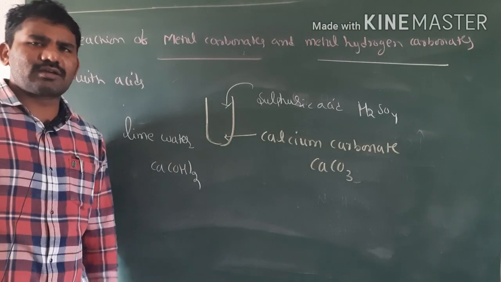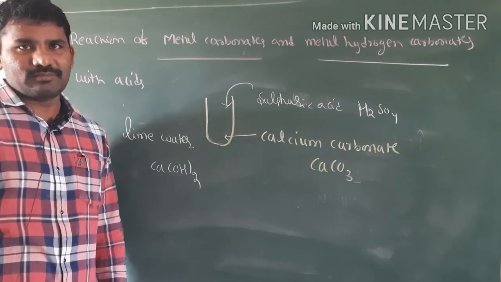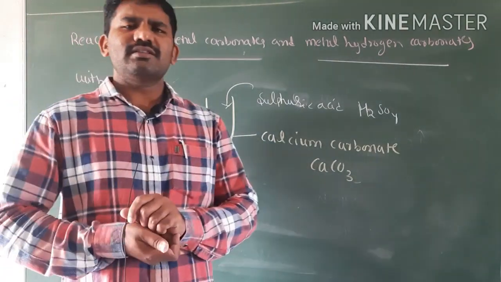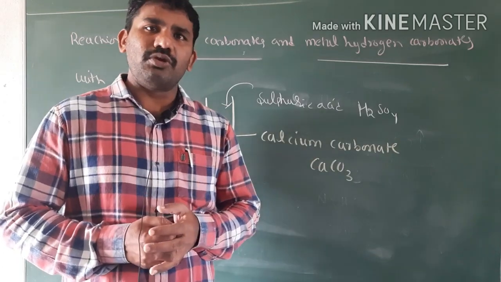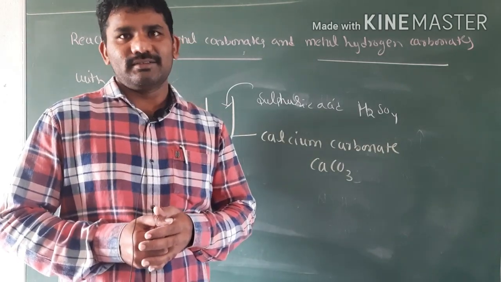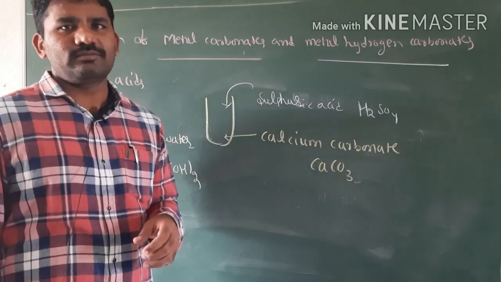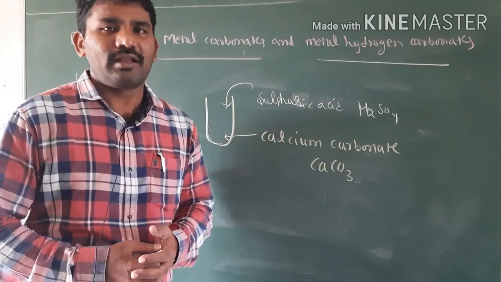That lime water turns immediately milky. That means the lime water turns completely into a white colored thick solution like milk. From this observation we can conclude that the gas liberated is carbon dioxide.